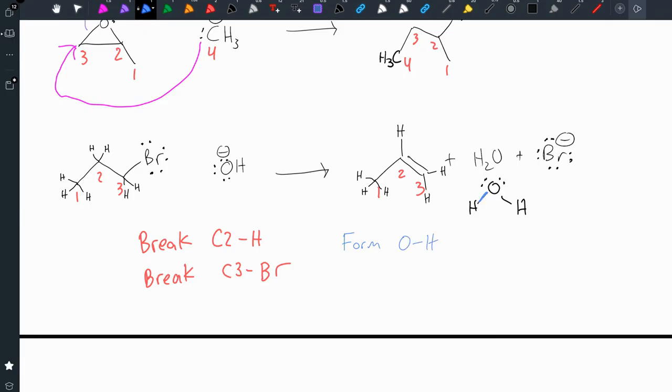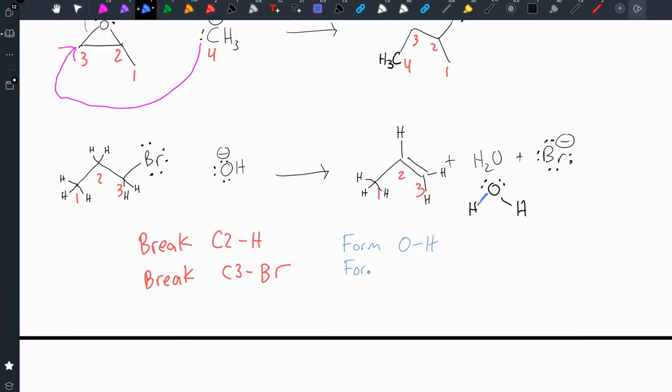This bond here, that's a new bond. I also need to form a double bond from C2 to C3. All right. So now, let me think.